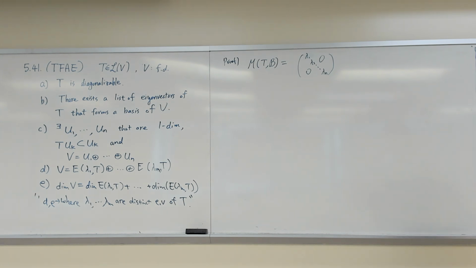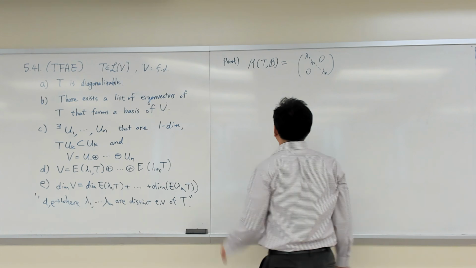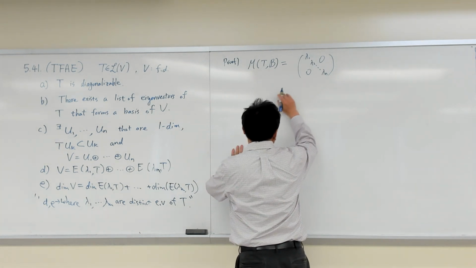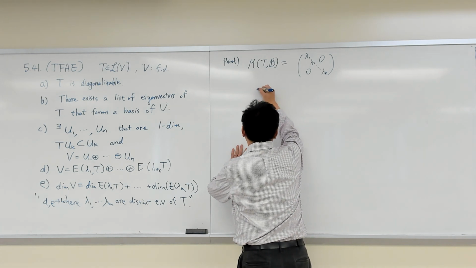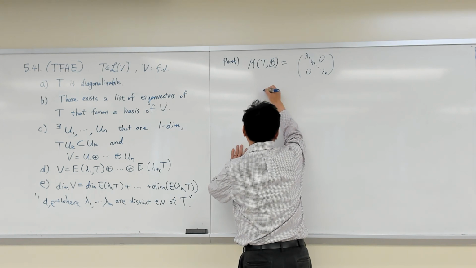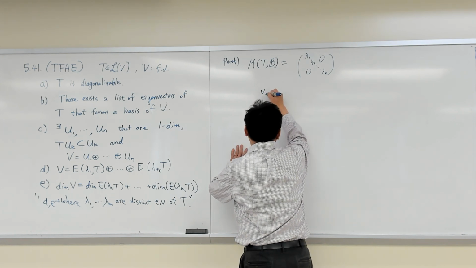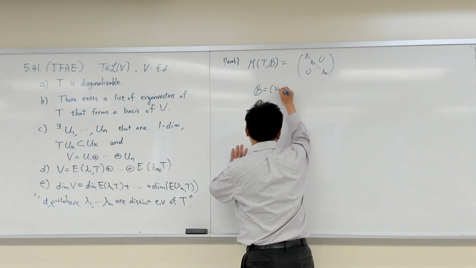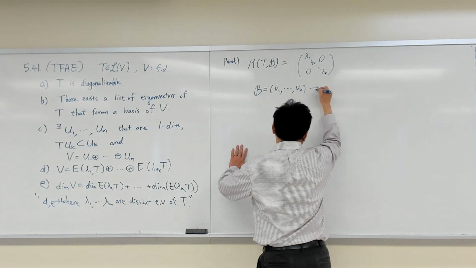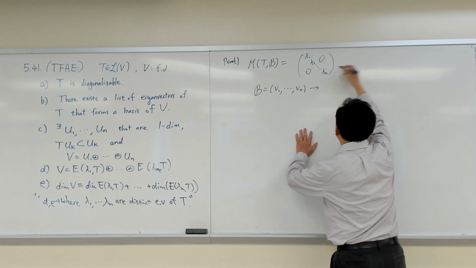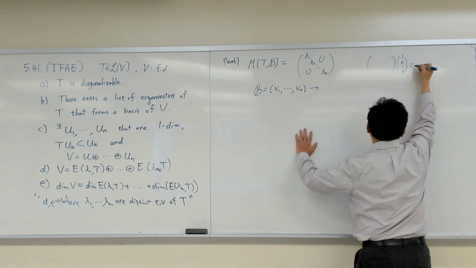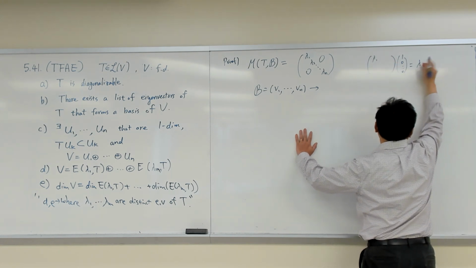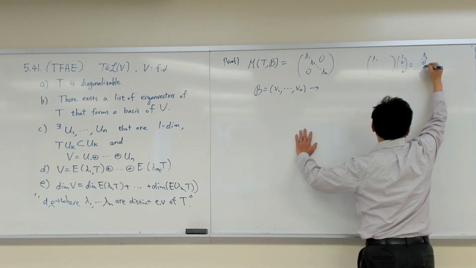But then if you write down what that means, so if the basis is V1 through Vn, then see this matrix has the property that if you multiply 1, 0, 0, 0, you get lambda 1 and then 0 everywhere else, right?